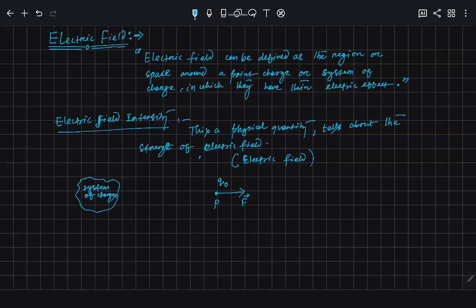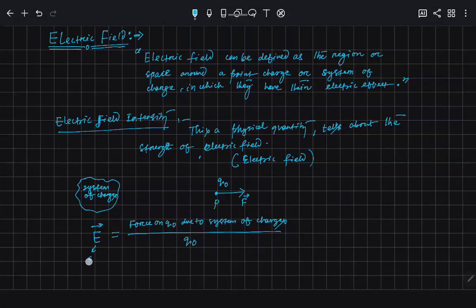Clear? So now I am defining the electric field, or electric field intensity, due to the system of charges. It is defined as the electric field due to the system of charges equal to the force on q naught due to the system of charges divided by q naught, right?